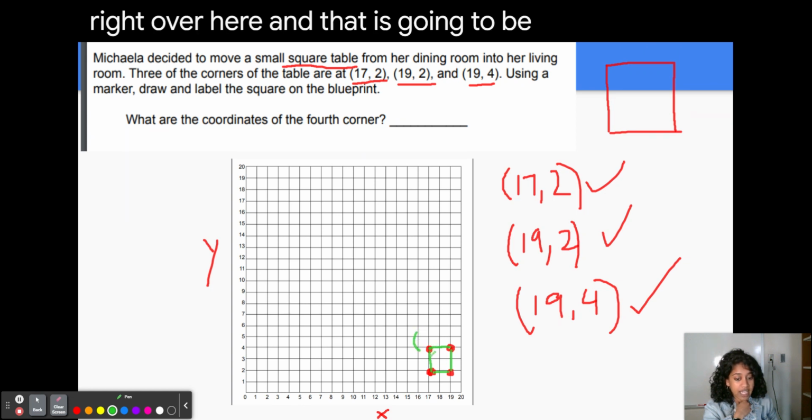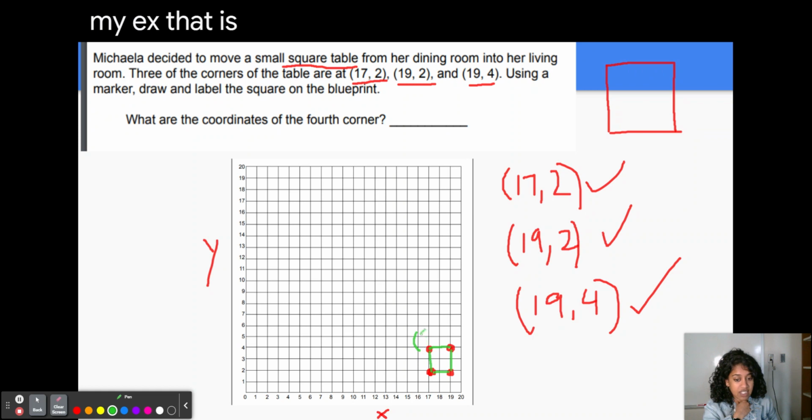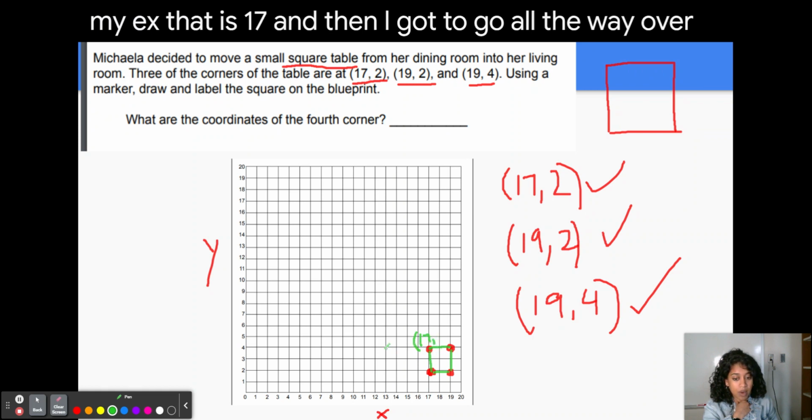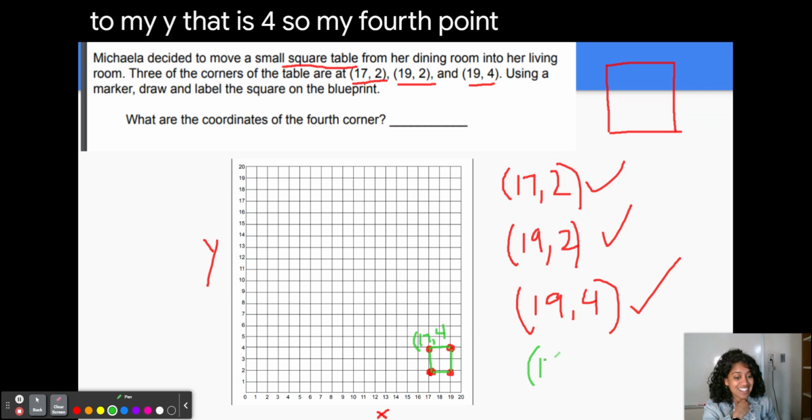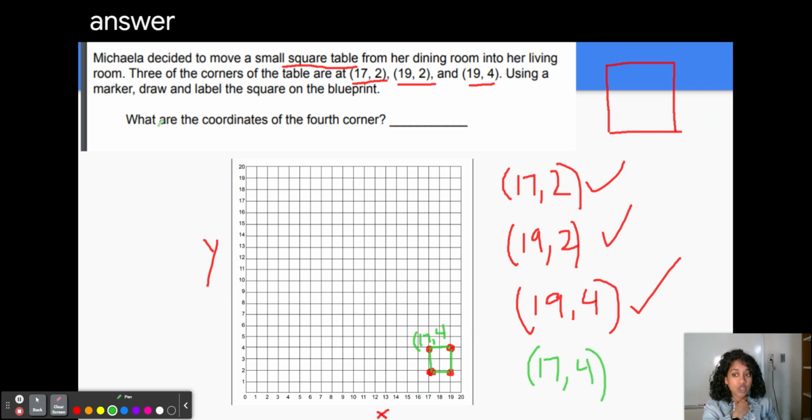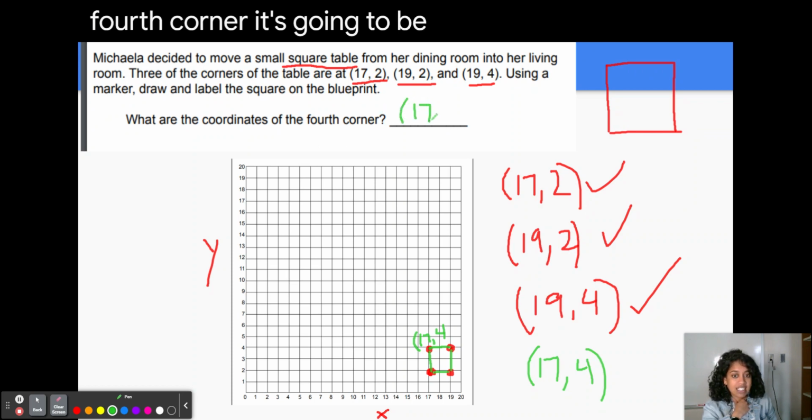If I go down to my x, that is 17, and then I go all the way over to my y, that is 4. So my fourth point is 17, 4. To answer this question, what are the coordinates of the fourth corner? It's going to be 17, 4.